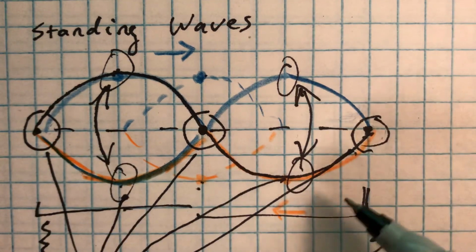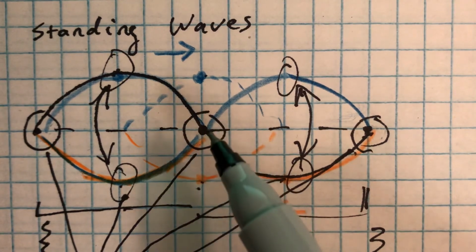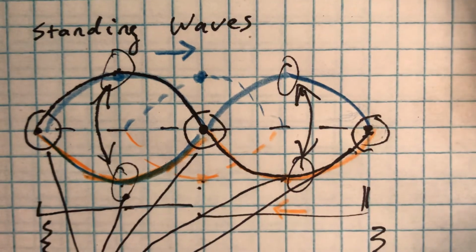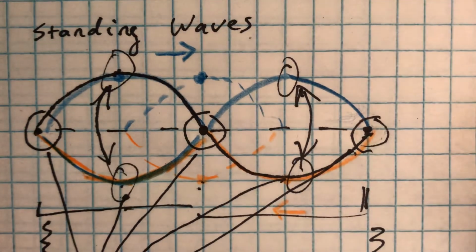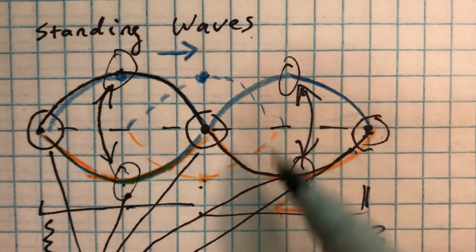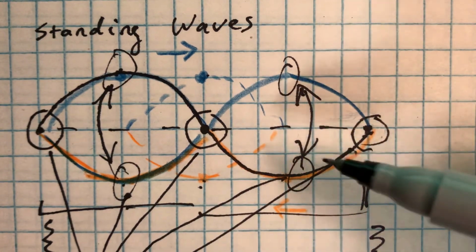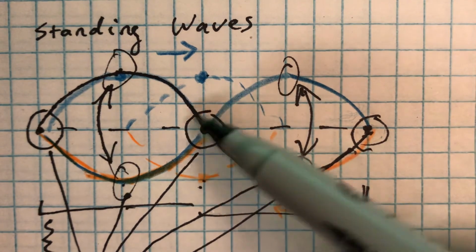With certain boundaries, the boundary is a certain distance from the other. If the conditions are just right, you do get these sort of standing waves. And I'm going to do a second video where this is animated for us. But all standing waves will have these alternating crests and troughs and these locations of no amplitude.